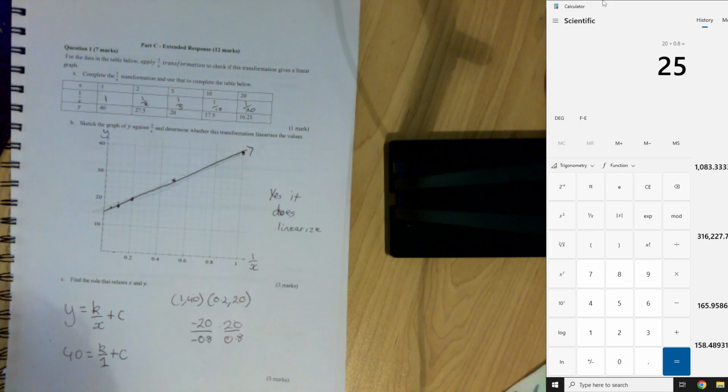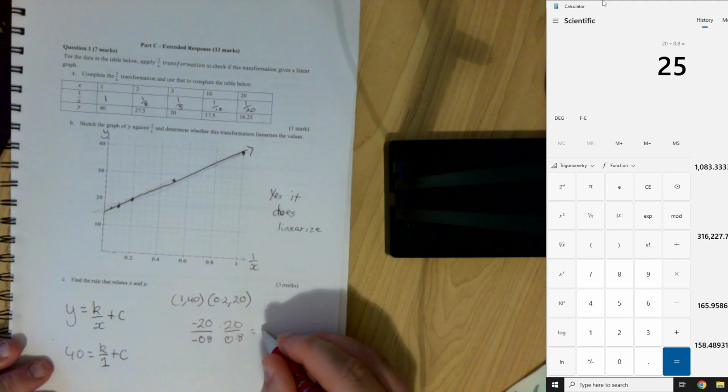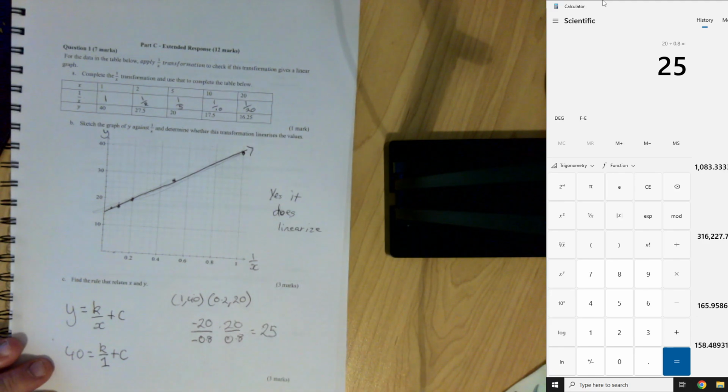That doesn't seem right. Oh, no, that's fine, that's the gradient. I thought it was the line set for a second. 25. Okay, which means that we can fill this in now.